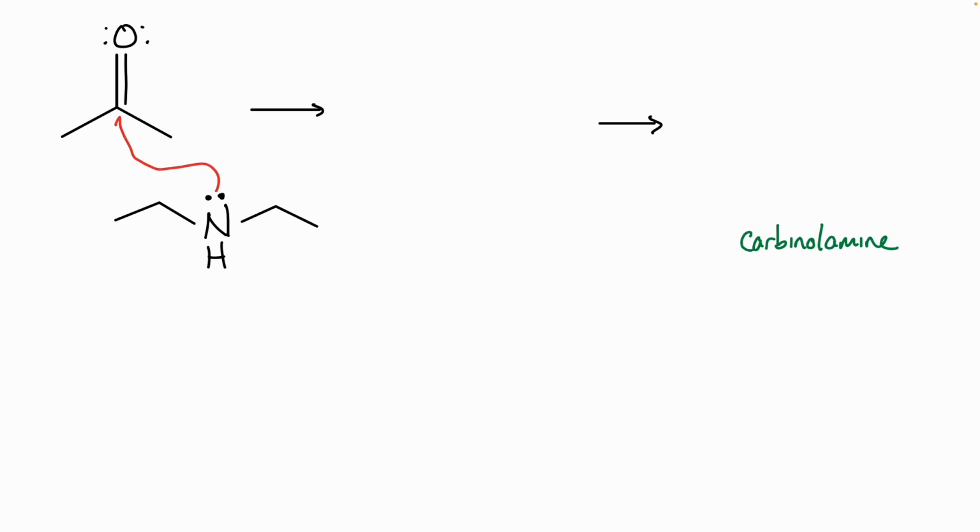So that first step is that nucleophilic attack to that electrophilic carbonyl carbon. All right, we get our tetrahedral intermediate here, where we have that alkoxide ion, as well as this nitrogen here with its two ethyl groups.